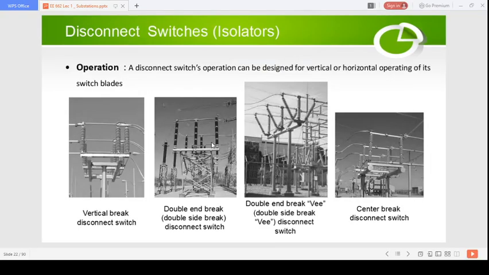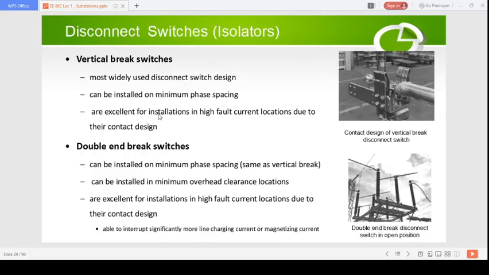Okay, and so these are excellent for installations in high fault current locations due to their contact design. So you can see this is the contact of this vertical brake switch. Because of this contact design, they are very suitable for high fault current locations, because this contact can handle very high fault current.